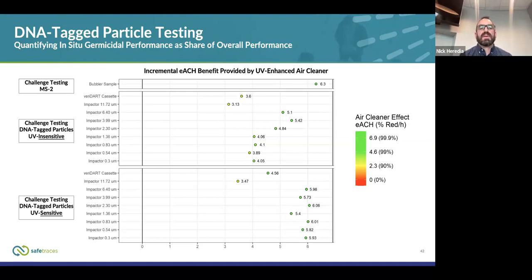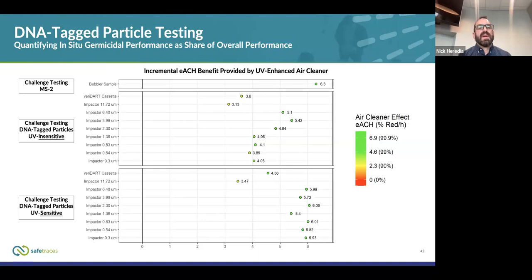And here you see the equivalent air changes per hour is what we're showing the data as. With the MS2 phage at the top, you see a 6.3 EACH. And we did a study with our Veridart air sampling technology that's on the market, and we get 3.6.